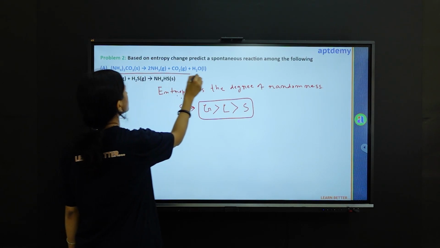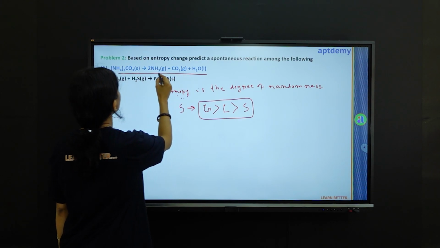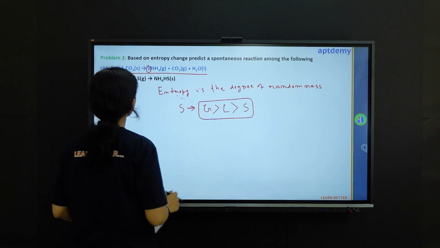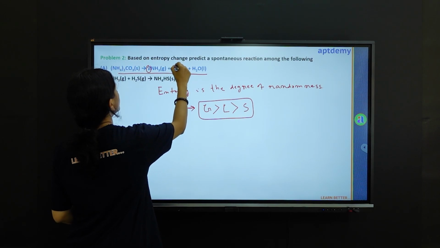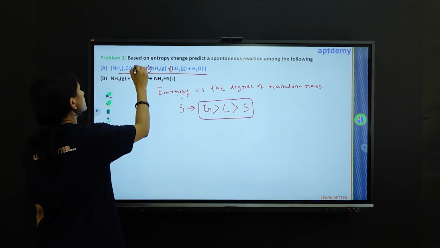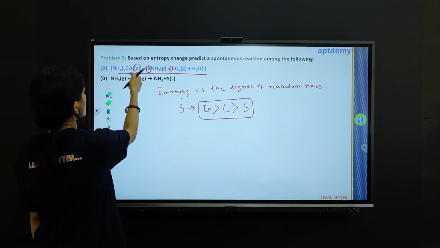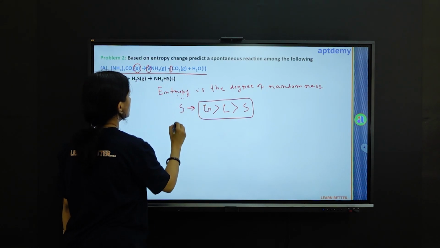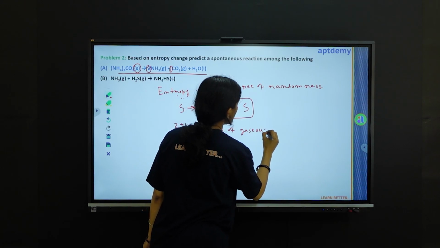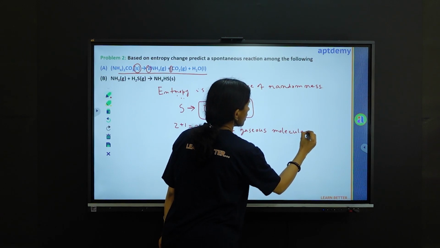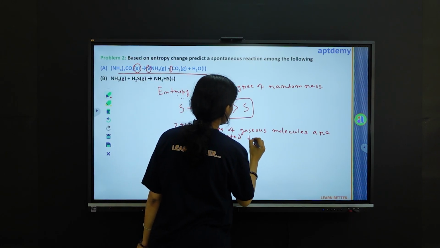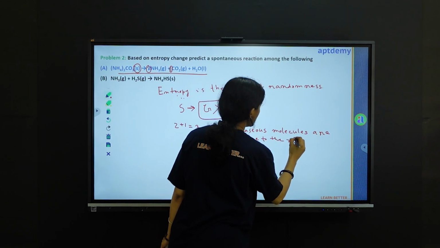So here if you look at the equation, you can see that from 1 mole of solid substance, there is no gaseous substance on the reactant side, whereas on the product side you can check that 2 plus 1, that is 3 moles of gaseous molecules are generated due to this reaction.